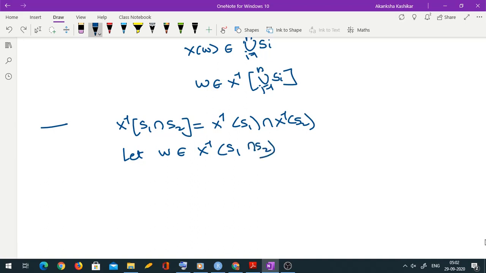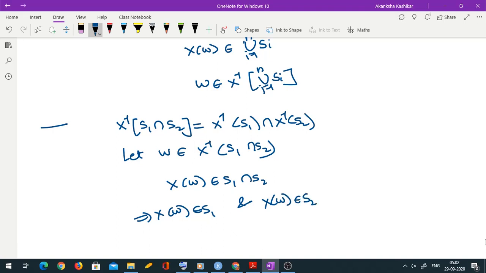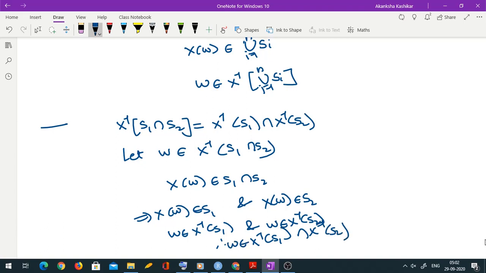So omega belongs to x inverse of S1 intersection S2 means x of omega belongs to S1 intersection S2. So this means x of omega belongs to S1 and x of omega belongs to S2. So omega belongs to x inverse S1 and omega belongs to x inverse S2. Therefore, I would have x inverse S1 intersected with x inverse S2. Omega belongs to this. Okay.